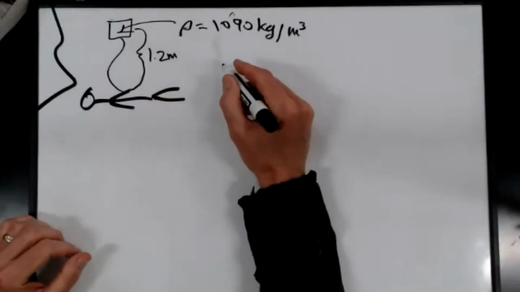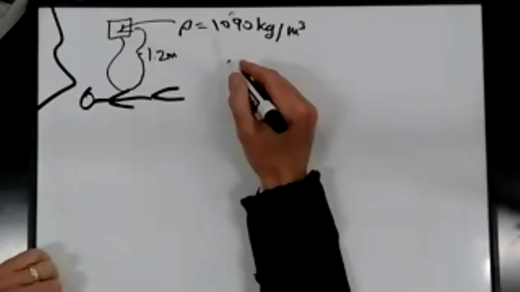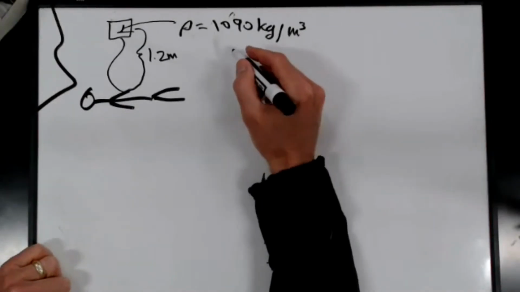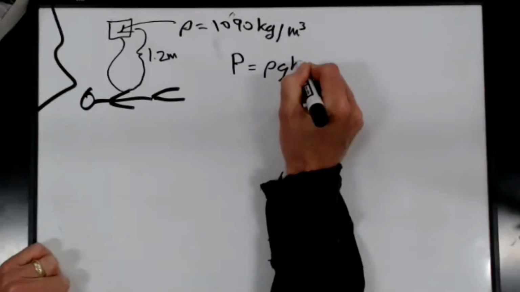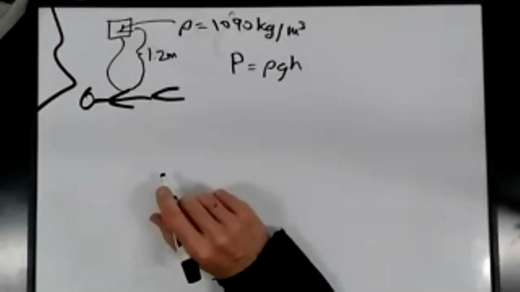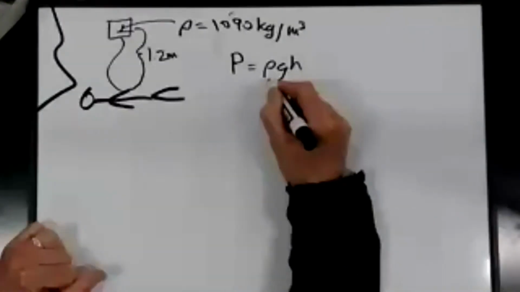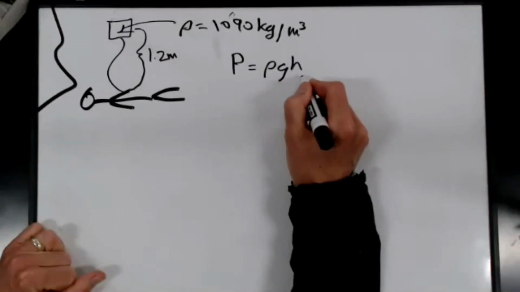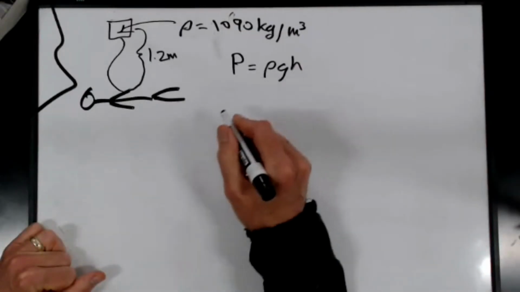And so you can just say the gauge pressure is just rho times g times the height of the fluid. So this is the pressure difference between the top of a fluid and the bottom of a fluid of height h. You could actually apply Bernoulli's principle here if you wanted to.